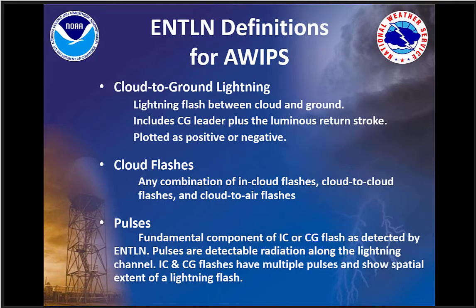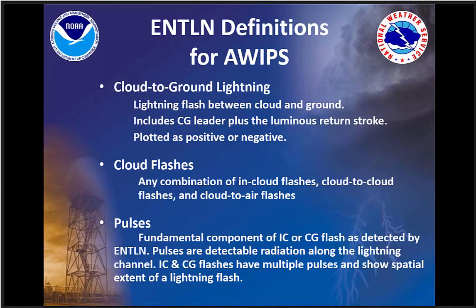So in terms of AWIPS, these are the terms that you'll see in the product legend when you load the data. You'll see that we specifically call out Earth ENTLN cloud-to-ground lightning, which is in fact the cloud-to-ground strikes, similar to what you get with NLDN. And the cloud flash data is the in-cloud data, all of the in-cloud flashes that we talked about and just looked at.